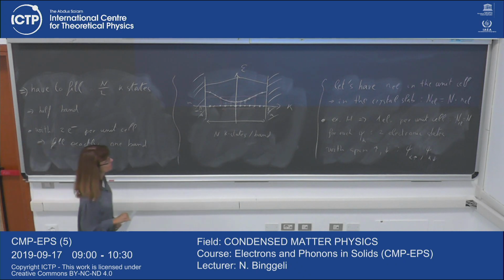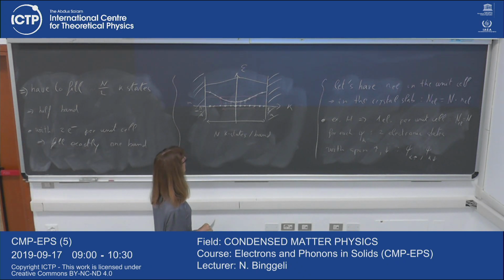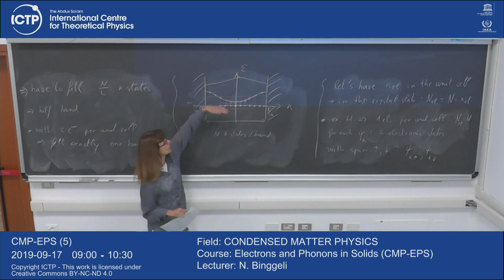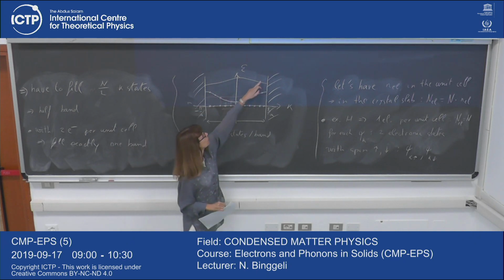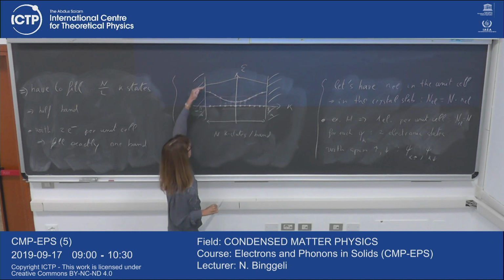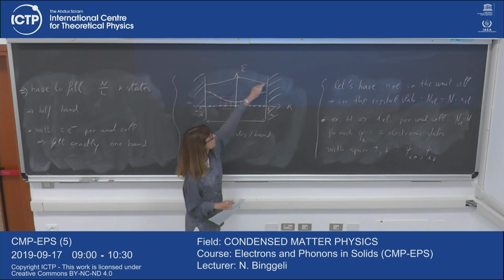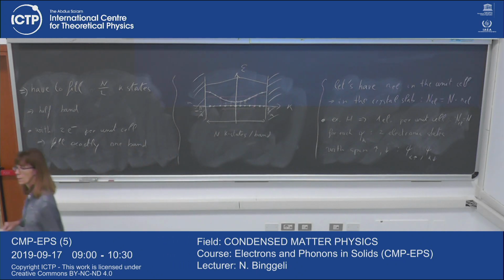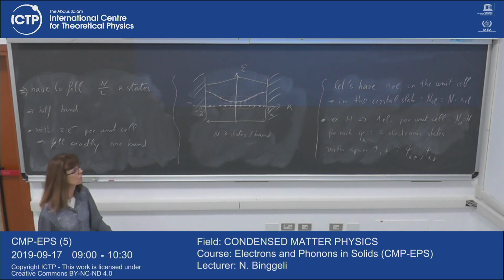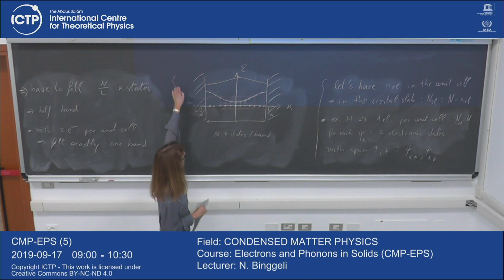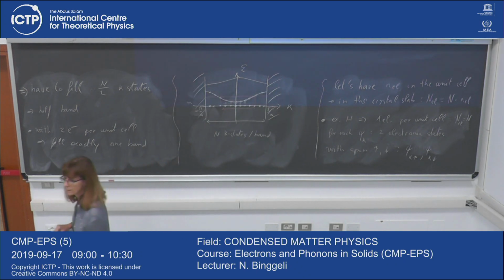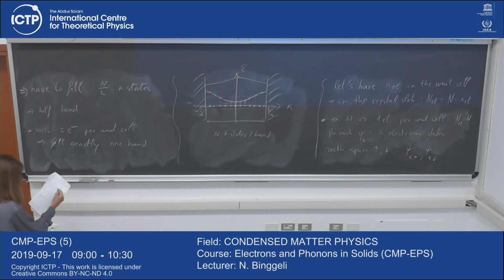Now, if I have three electrons per unit cell, I will fill completely this band, and then I will fill half of the next one, but I will, of course, start filling the lowest state, so I will start to fill here up to the correct number of electrons in my system. So I will fill 1.5 bands for three electrons, and for four electrons I will fill the two bands. Four electrons per unit cell.